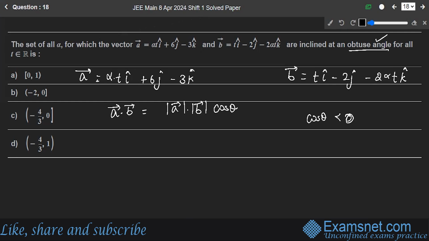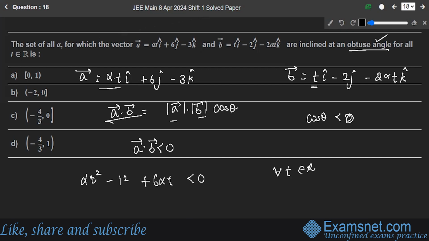The magnitudes are positive for sure, so this dot product is also negative. Let's find out the dot product. This will be given by alpha t² + 12 - 6 alpha t, which is also less than 0 for all t belonging to the real numbers.